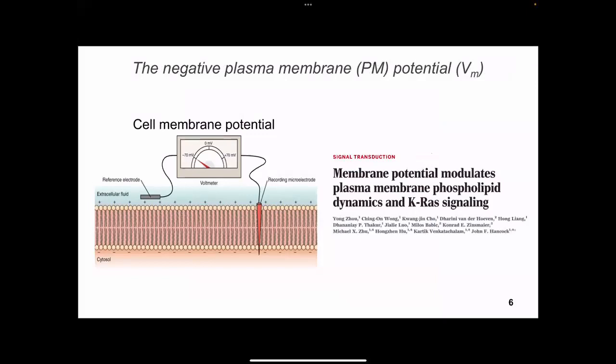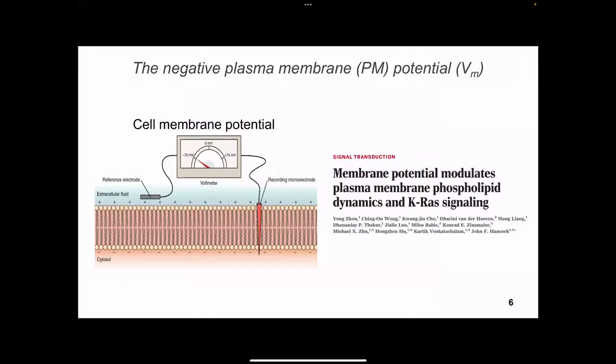The negative plasma membrane potential generated by different ionic gradients across the membrane is a key electrochemical aspect of cells. Precise control of membrane potential is essential for the physiological functions of excitable cells, such as neurons and cardiomyocytes.